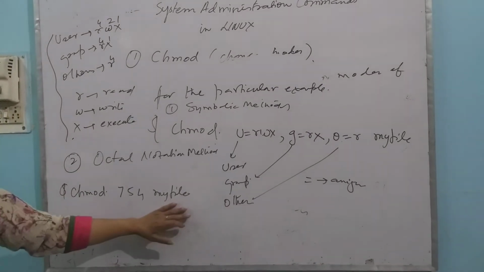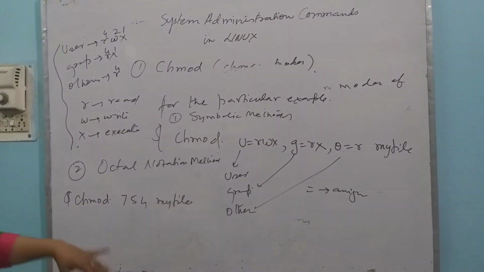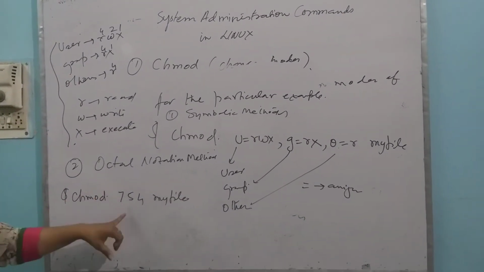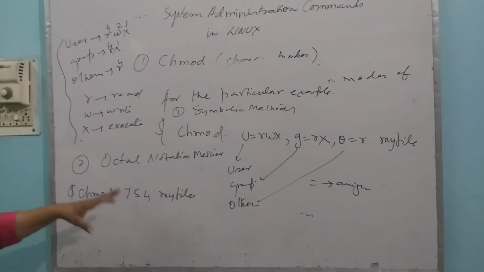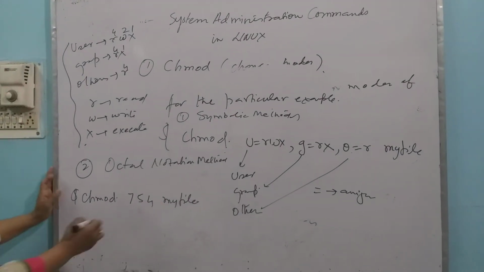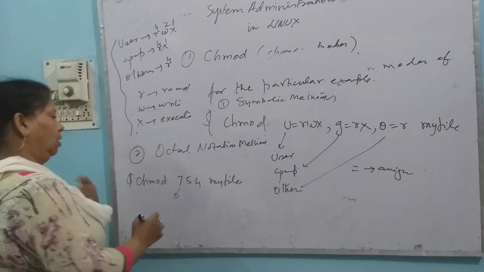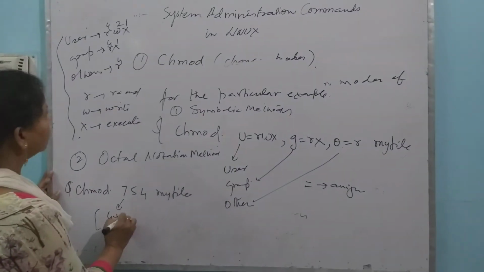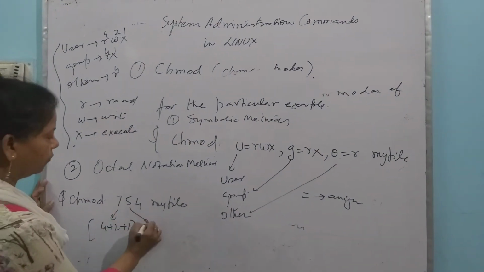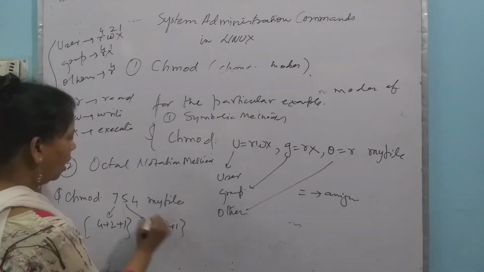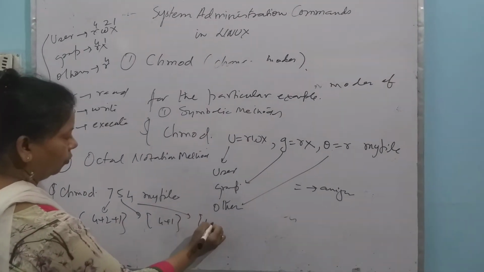My file is a file name, and 754 are the octal notations for the permission of my file. This 7 includes 4 plus 2 plus 1. This 5 includes 4 plus 1, and this 4 includes 4.